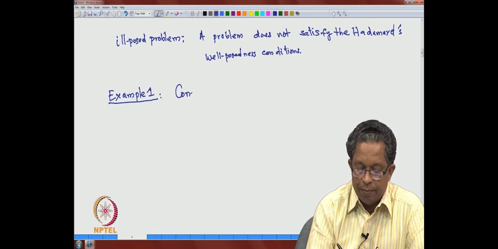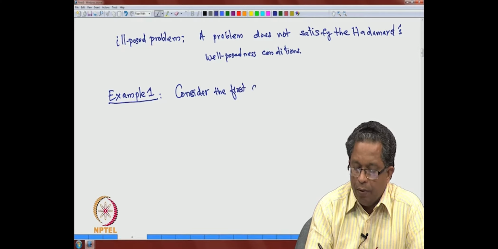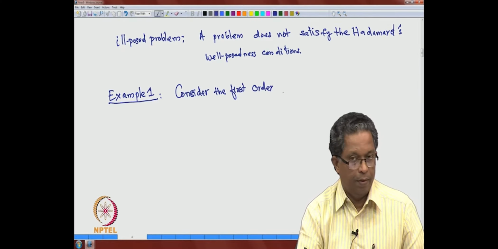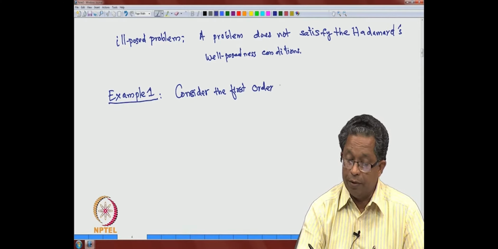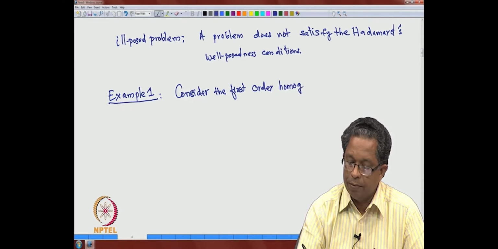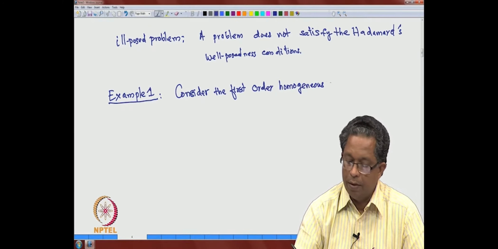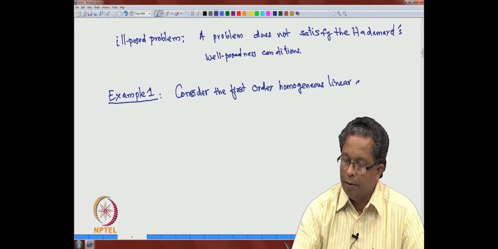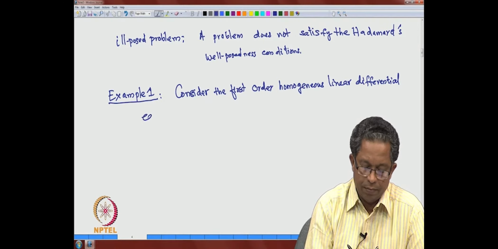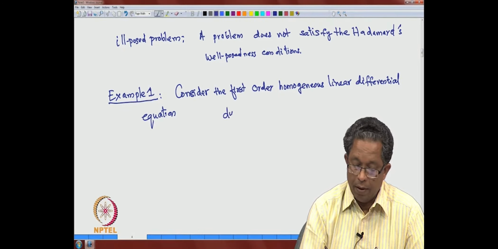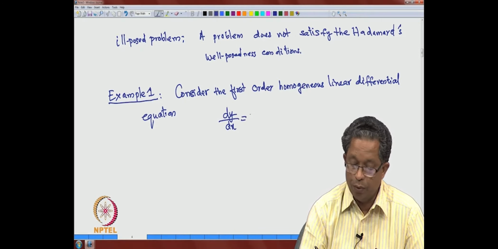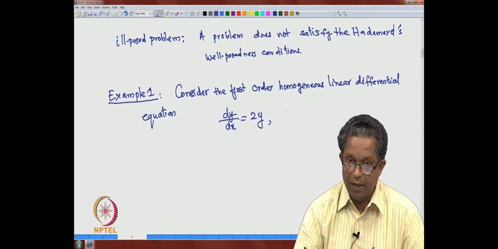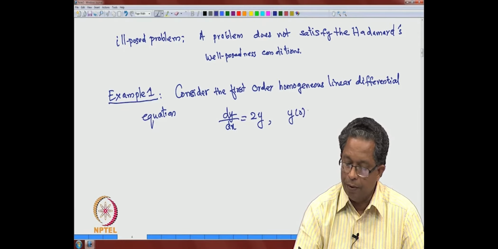Consider the first order homogeneous linear differential equation given by dy by dx is equal to 2y along with an initial condition, say y at 0 is 3.